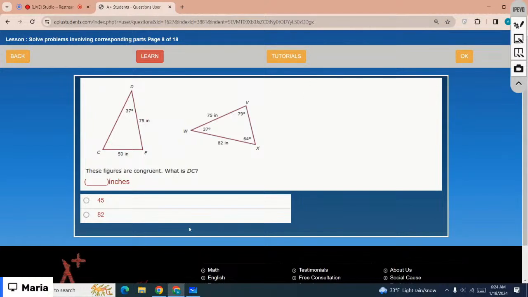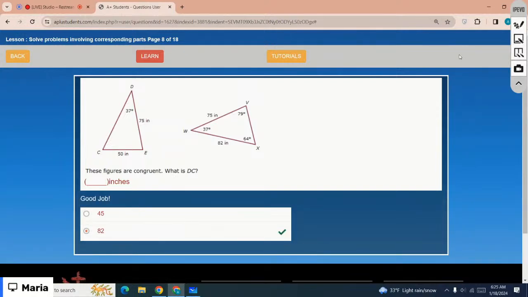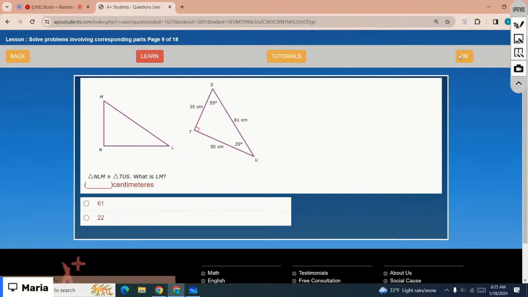Eighty-two inches. The correct option is 82. Very good. Triangle NLM is congruent to triangle TUS. What is LM? Which is the correct option?